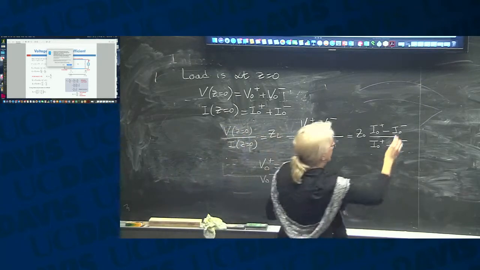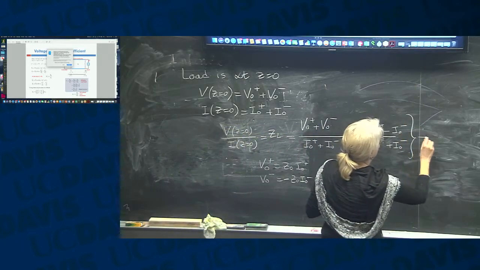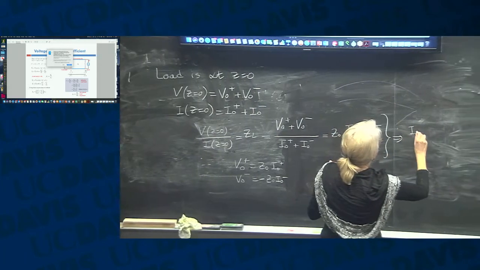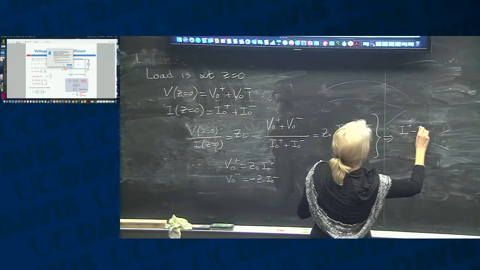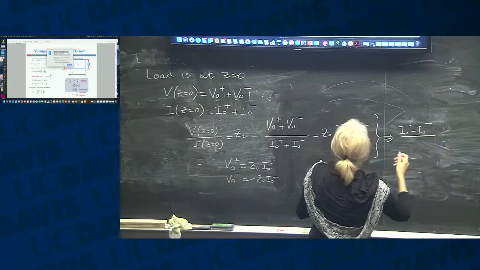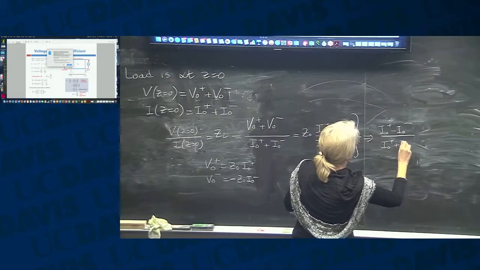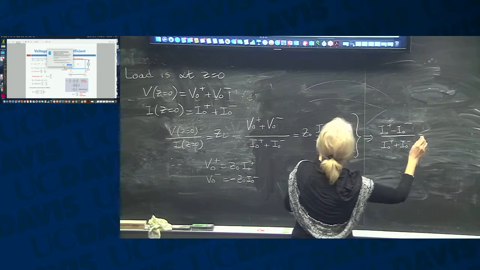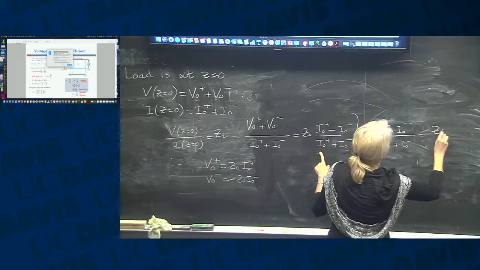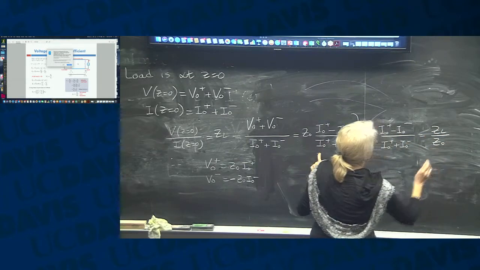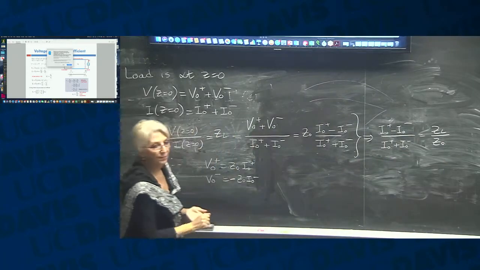Or I can rewrite this as I naught plus minus I naught minus, equals ZL divided by Z naught. Okay?